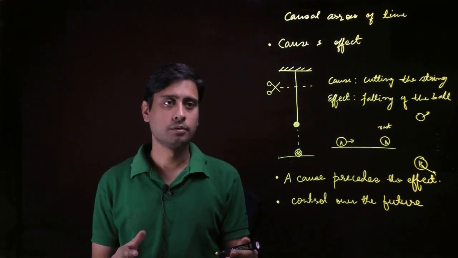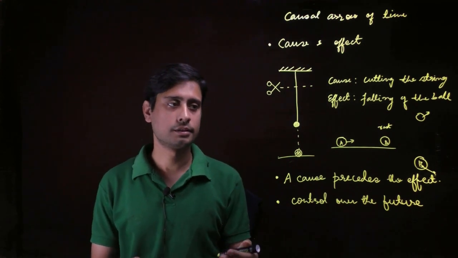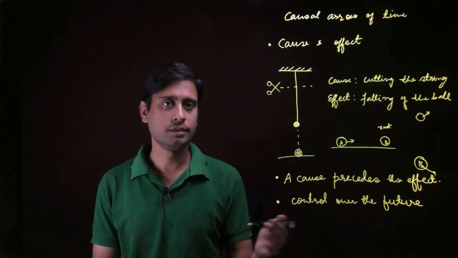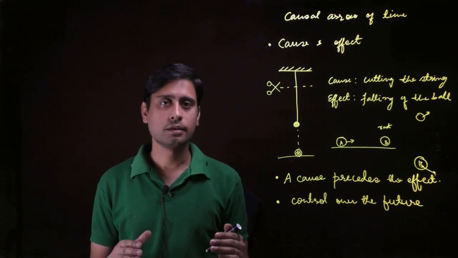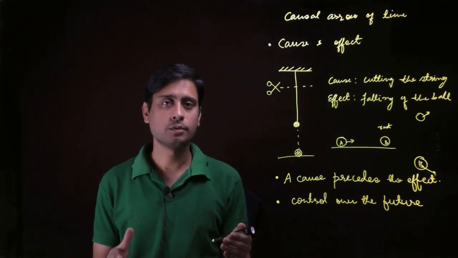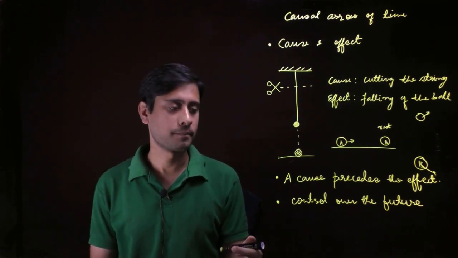Then we will allow the cause to come into existence, so that we will decide the future. So in some manner we can say that we have some power to control the future, or it will look like that.